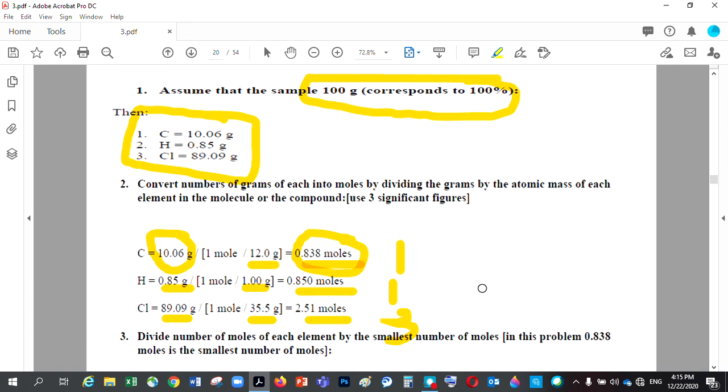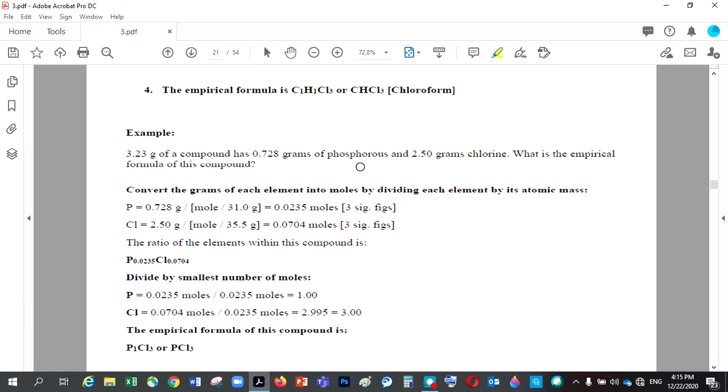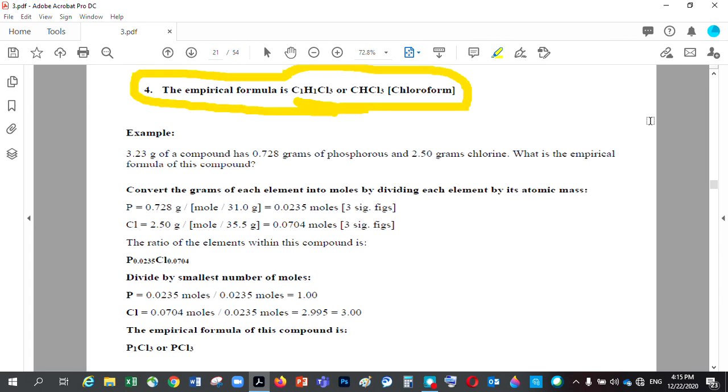This will be our empirical formula, and that's correct. The empirical formula is C1H1Cl3. This is for chloroform, correct? That's how we get the empirical formula for chloroform.